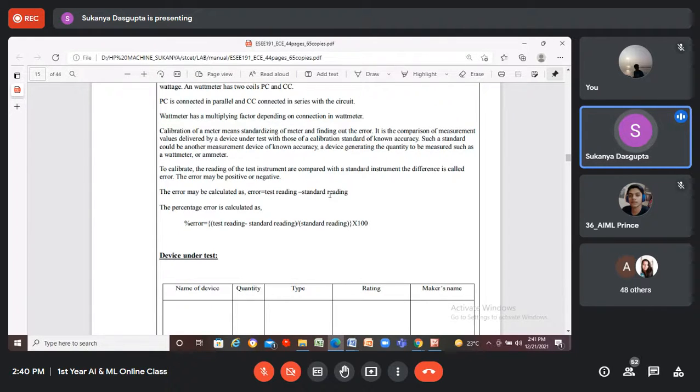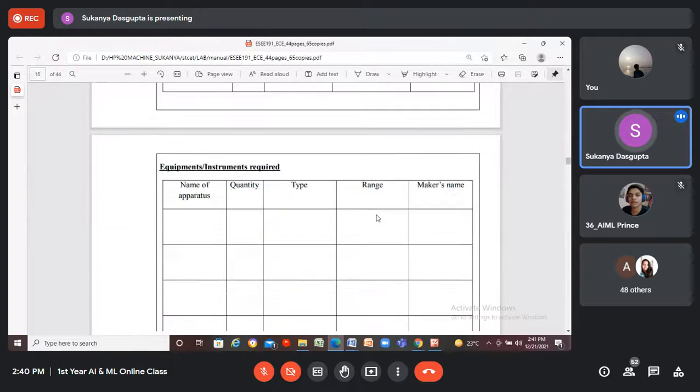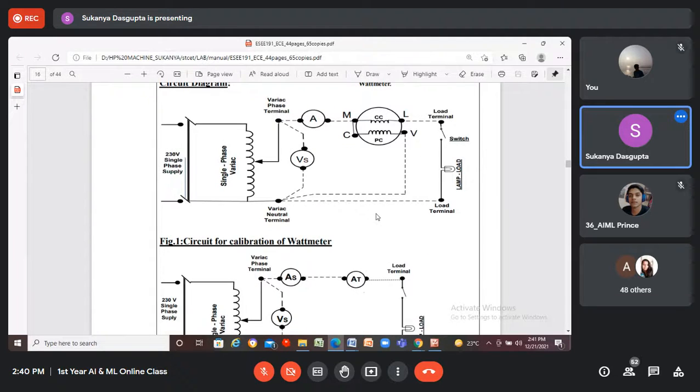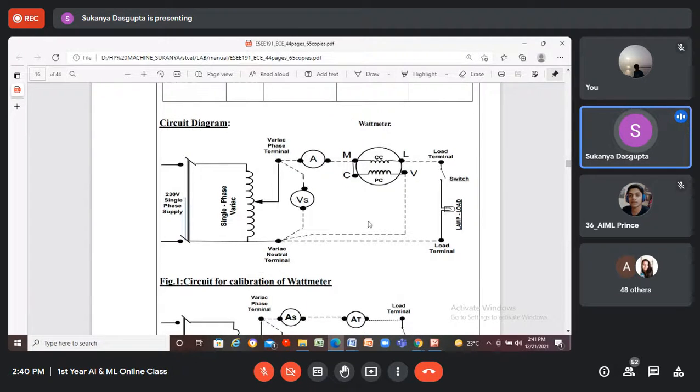So here in experiment 3, we'll see how an ammeter and wattmeter can be calibrated by using voltmeter and ammeter, which are standard type. So this is the circuit diagram for the calibration of wattmeter. This one is the test wattmeter. This is the circuit, that means this is the AC side, single phase 230 volt 50 hertz AC supply. This is the fuse.